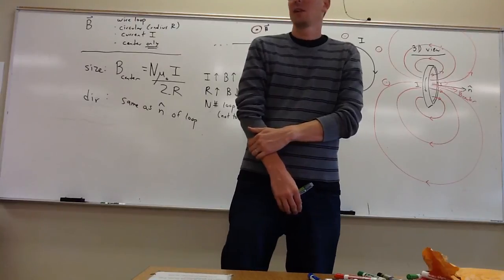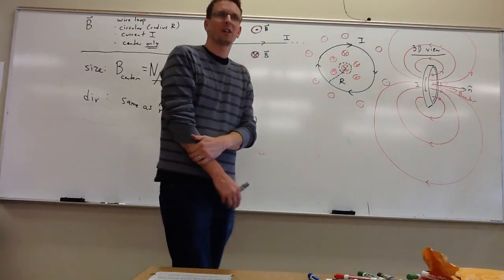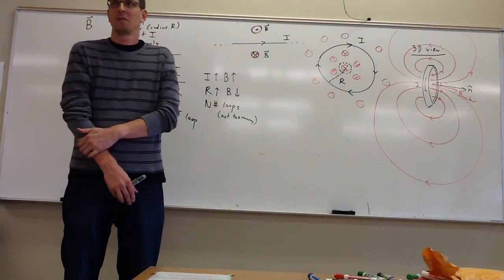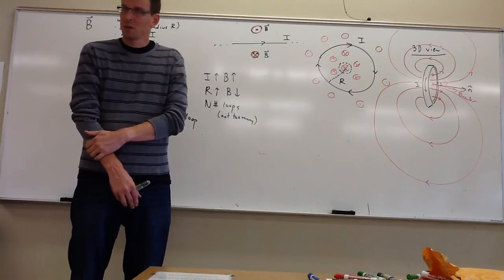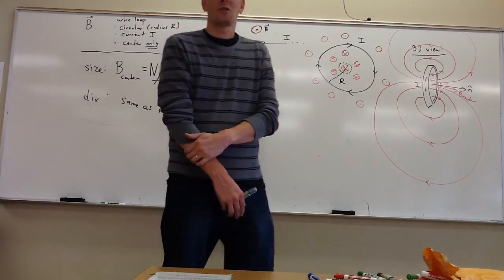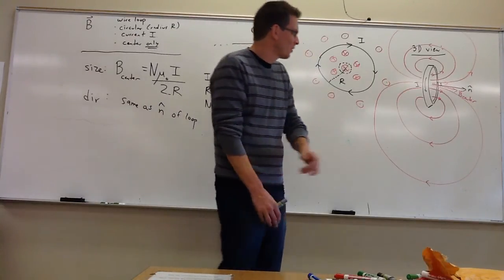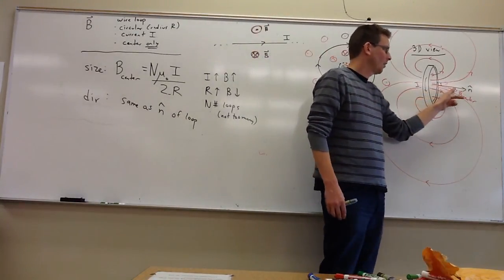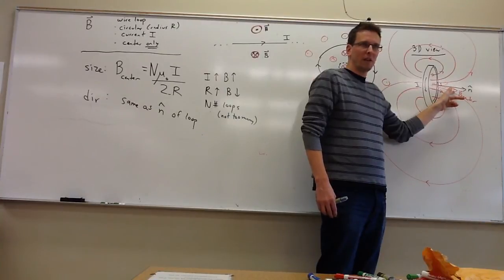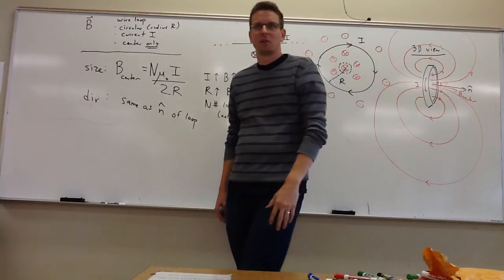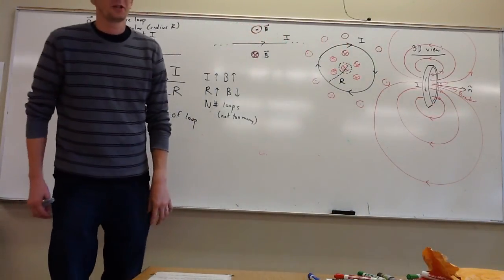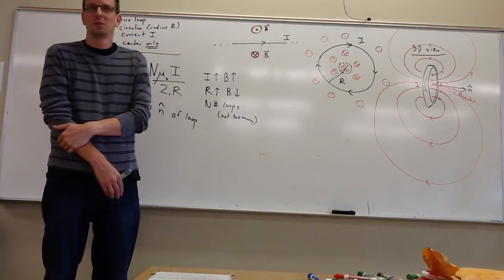That's a big part of homework number 5, this idea that a current loop will experience a torque until its normal aligns with the field. And yet here I'm saying that the normal vector and B are in the same direction always. So why is that not a complete contradiction? What's going on there? Does anyone know?